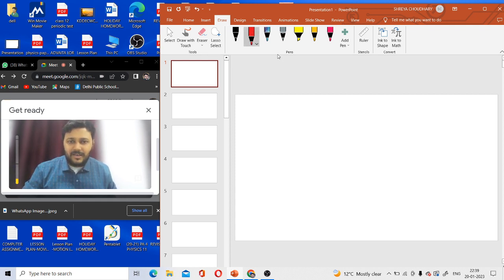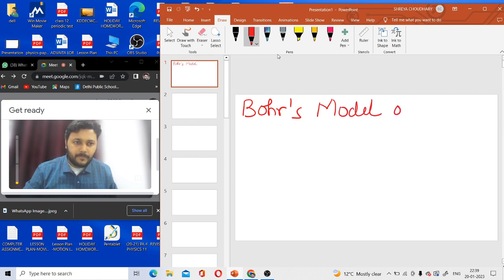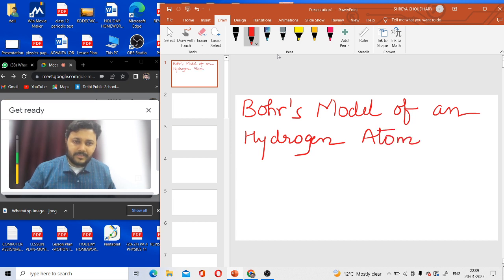Bohr's model of a hydrogen atom. This is the topic we are going to take today, and this topic is in the IB board.